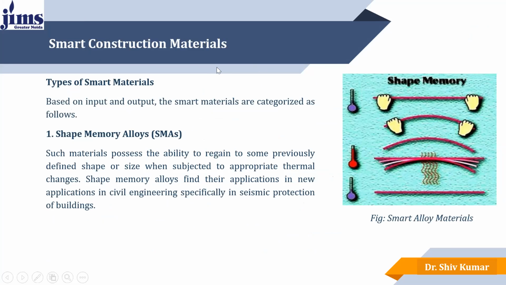In this series of smart materials, the first material is shape memory alloys. As shown in the figure, you can see some rods. The lowest rod is at normal room temperature and is straight in shape.